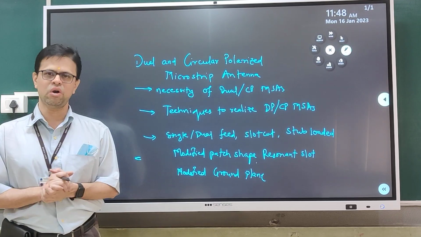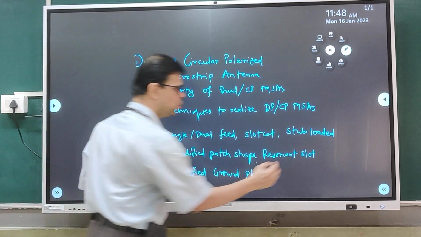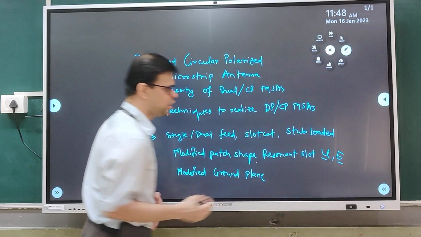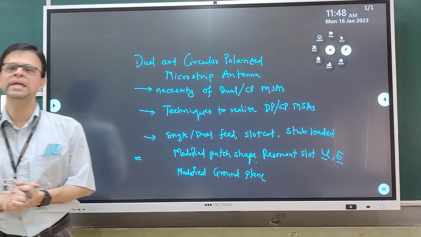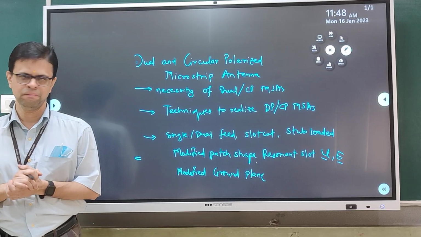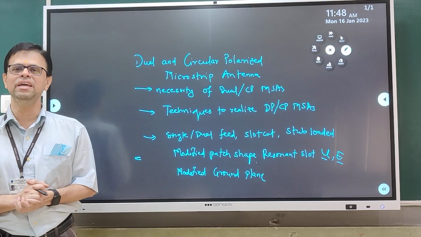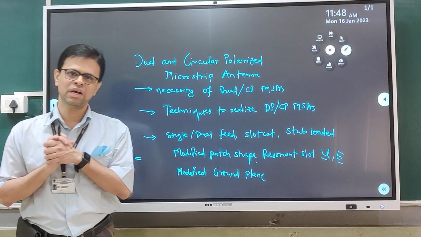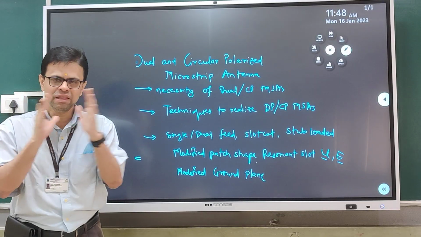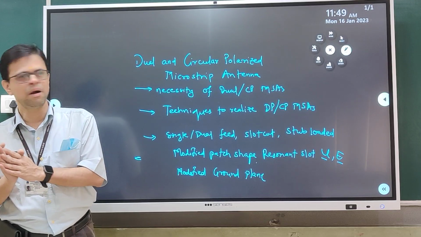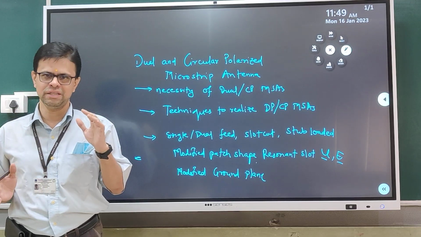So here you are going to consider a U-shaped patch or an E-shaped patch. We will discuss those in detail in due course of time. Then the last one is the modified ground plane technique to realize circular polarization. So there are actually n number of techniques. We will discuss and compare all of those techniques.